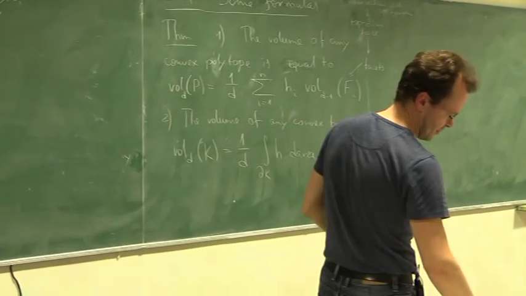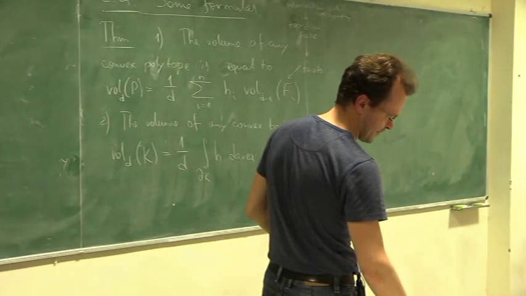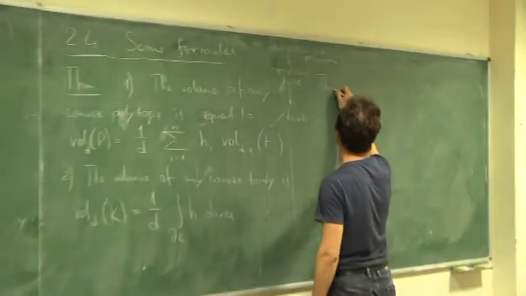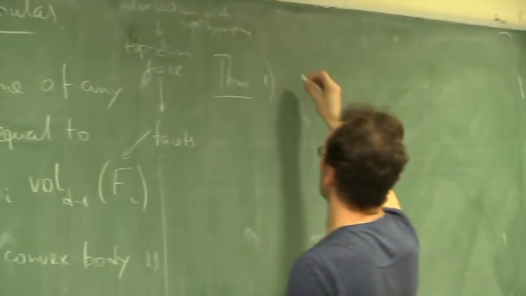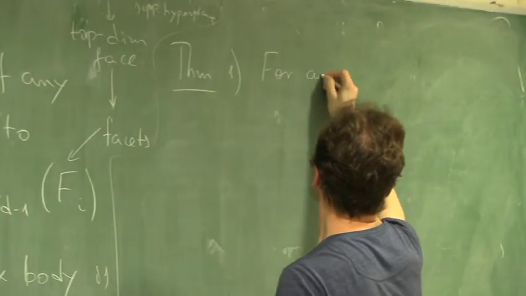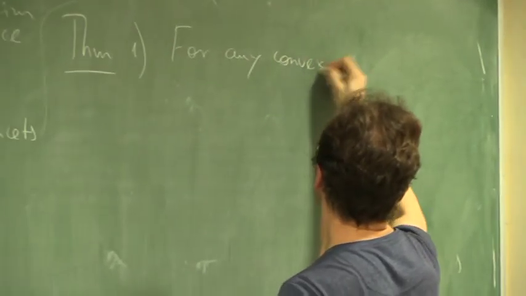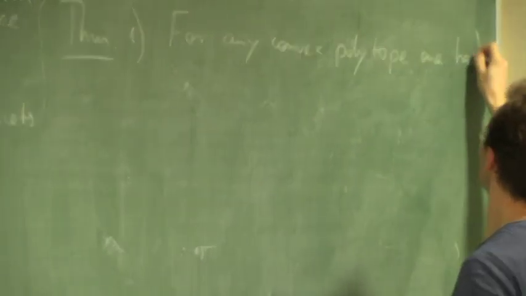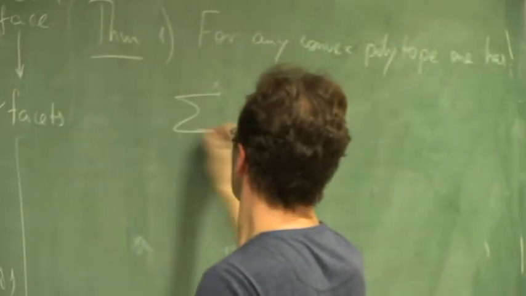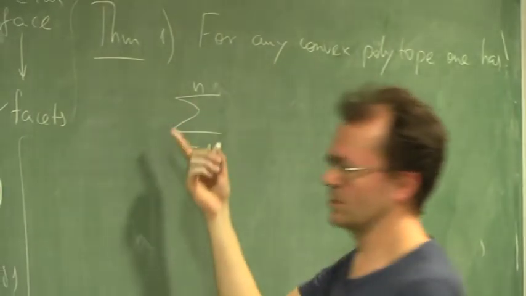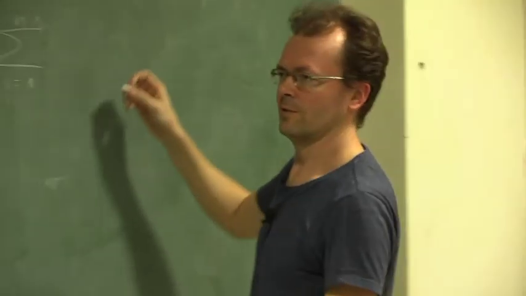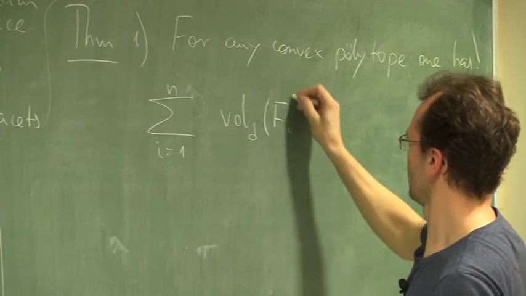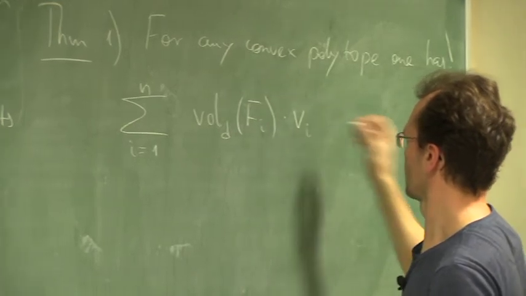Okay, so then two more formulas. Again, for any convex polytope, one has the sum over all i from 1 to n, where n is the number of facets, of the volume of the i-th facet times the normal to the facet.